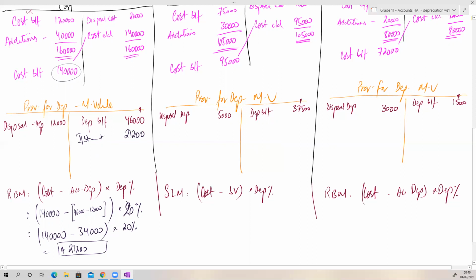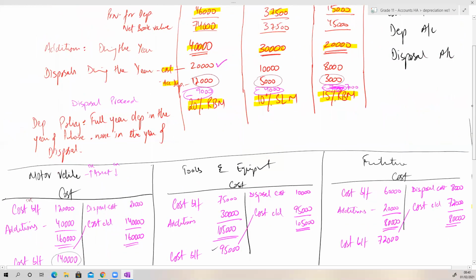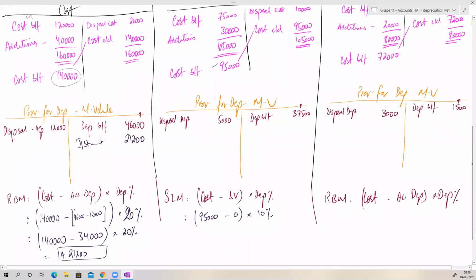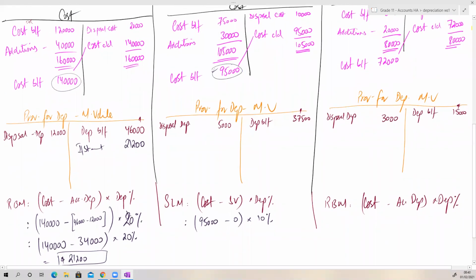अच्छा, मोटर व्हीकल में the equation is cost minus scrap value into depreciation percentage. So what is the closing leftover cost that is yet to be depreciated? 95,000. This value. Scrap value is 0 times percentage. बहुत simply, इसमें तो कोई मसला ही नहीं था, क्योंकि यहाँ डेप्रिसिएशन कॉस्ट पे अलाउ होती है, तो डायरेक्ट कॉस्ट पे लग गई, 95,000 पे लग गई, which is 9,500.